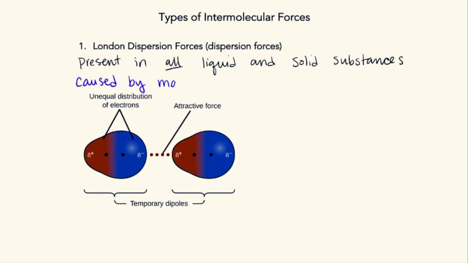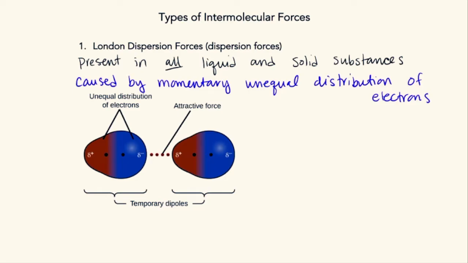a momentary unequal distribution of electrons. Electrons do not stand still. So at some point, it's possible that more electrons are present on one side than the other.